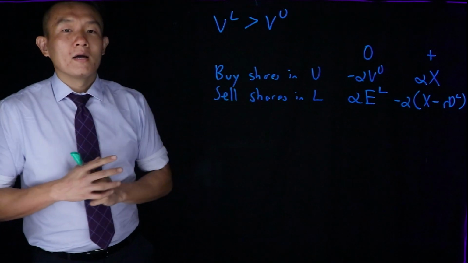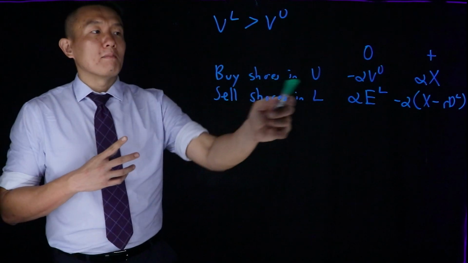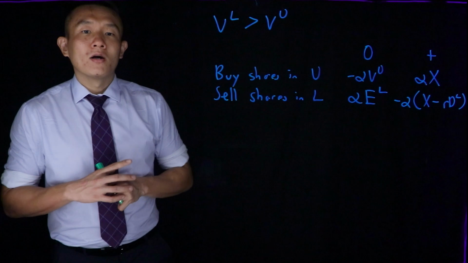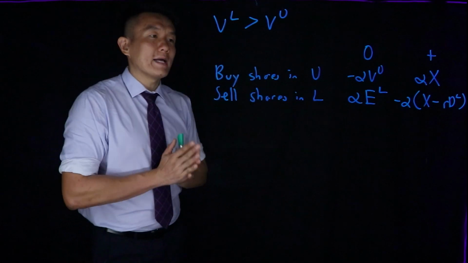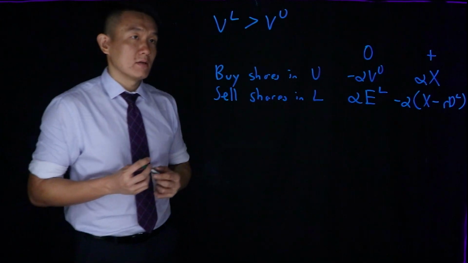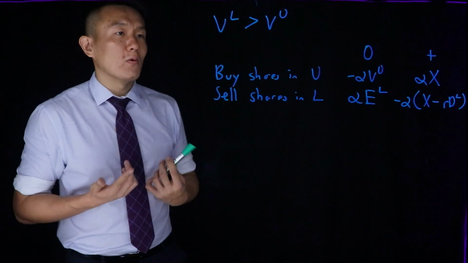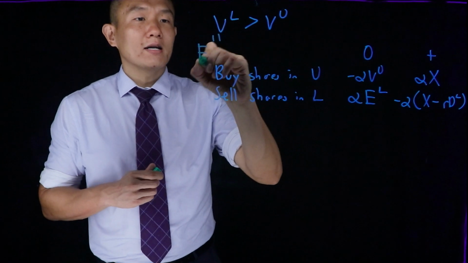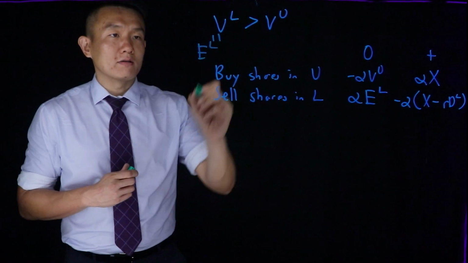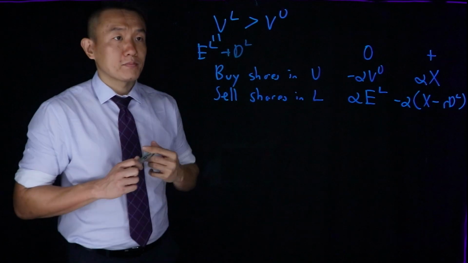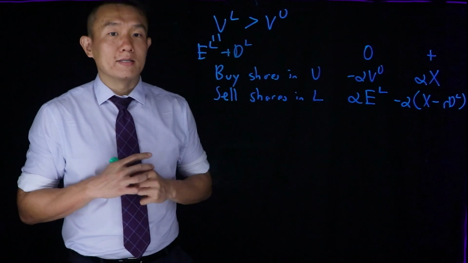So what you can see here is if I buy shares in U and sell shares in L, well, that doesn't quite achieve this arbitrage portfolio that I wanted, right? And it makes sense why. Because the levered firm is not just its shares. I also have to think about its debt.